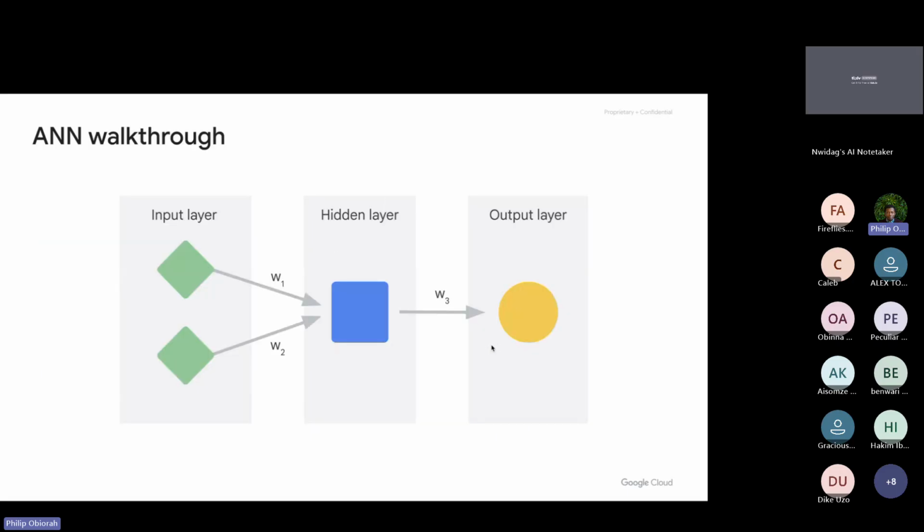For instance, now you have the input layer, you have weights, then it's thinking in the middle. The weight tells you how important this input is, and then it gives you the output.